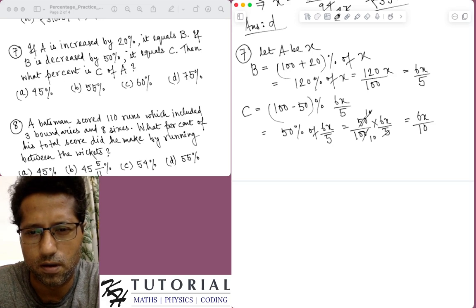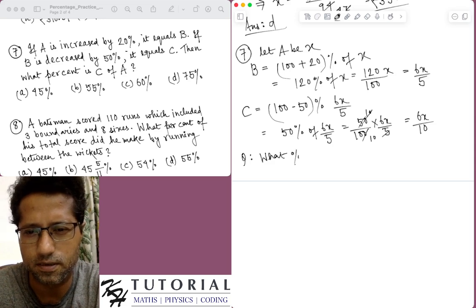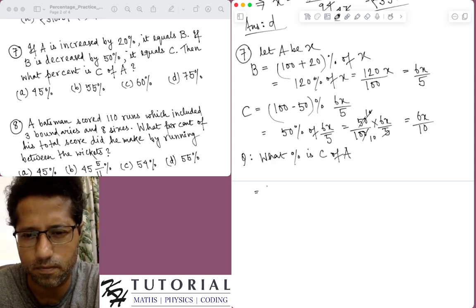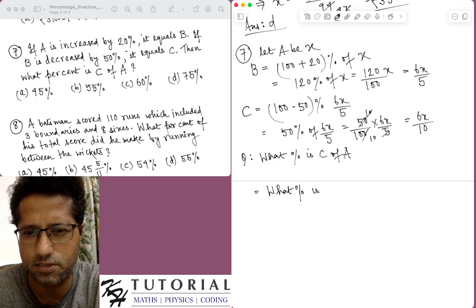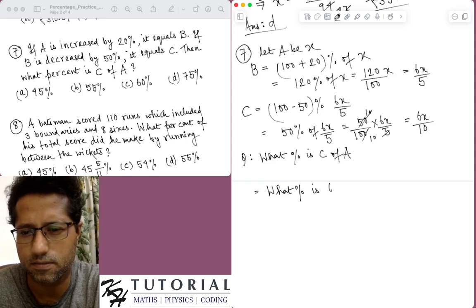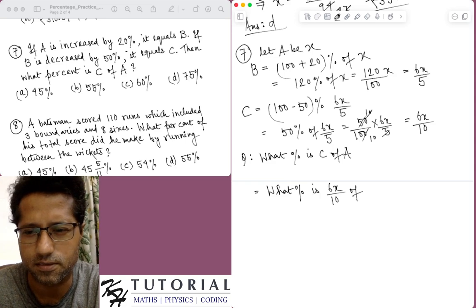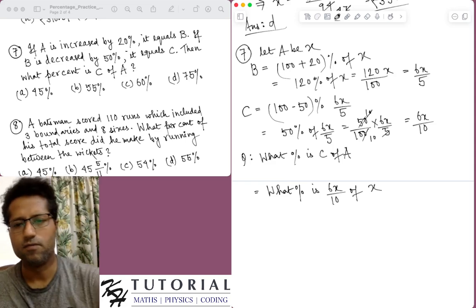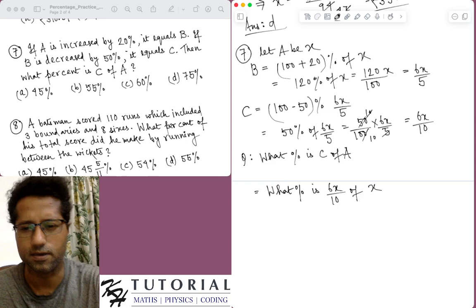So the question now is what percent is C of A. What is C? C is 6x by 10, and what is A? A is X. We have to find this. What percent is 6x by 10 of X?